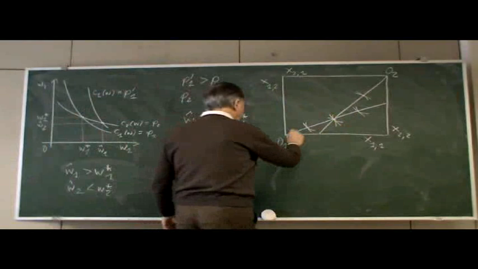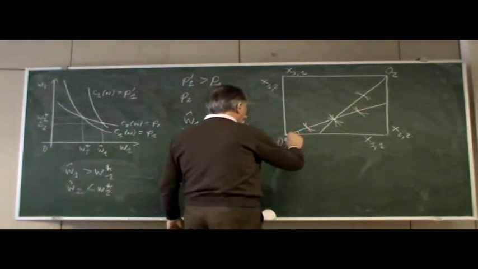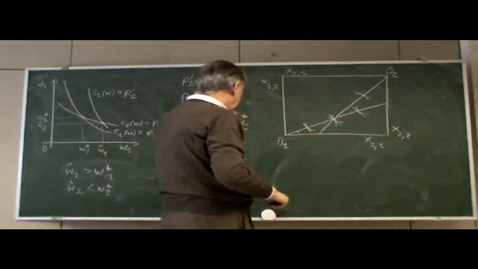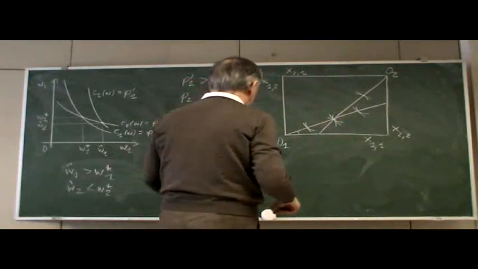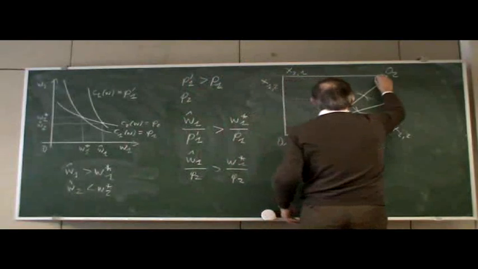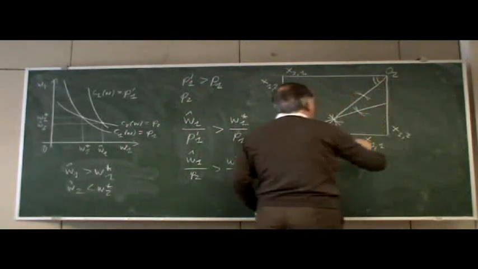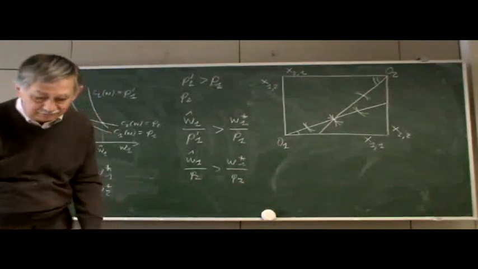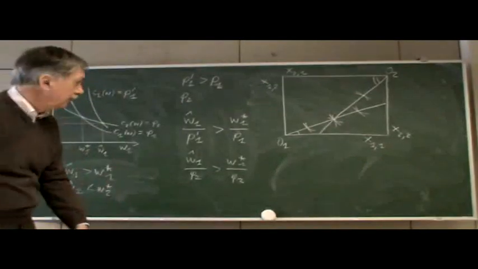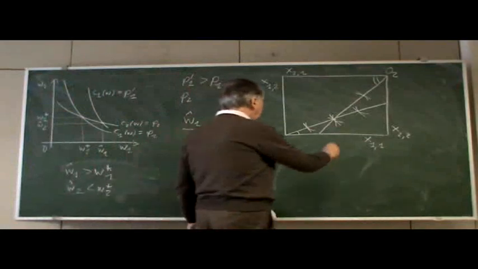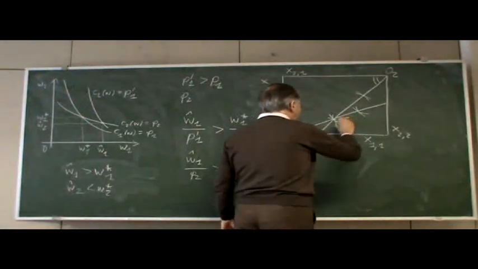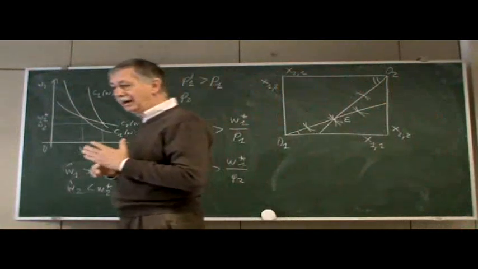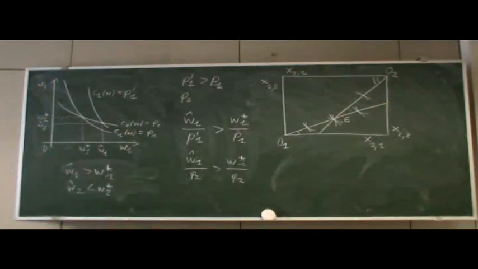Note that the slope of this expansion path, which is the converse of factor intensity, is lower than this slope. So you obtain exactly this graphic. Where is the equilibrium? Clearly, it is in this point, where our two expansion paths intersect.